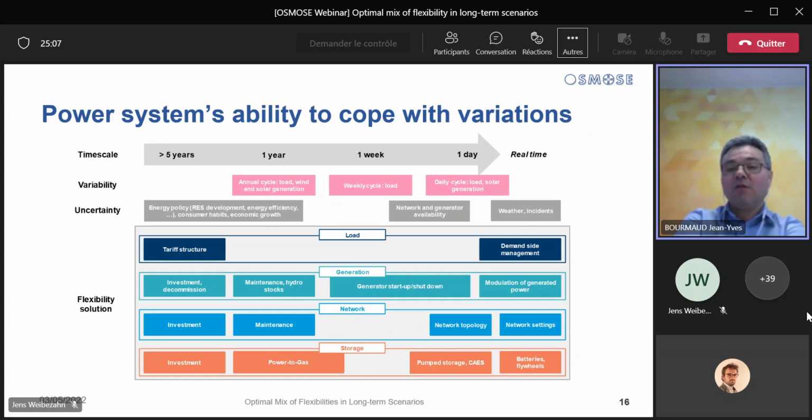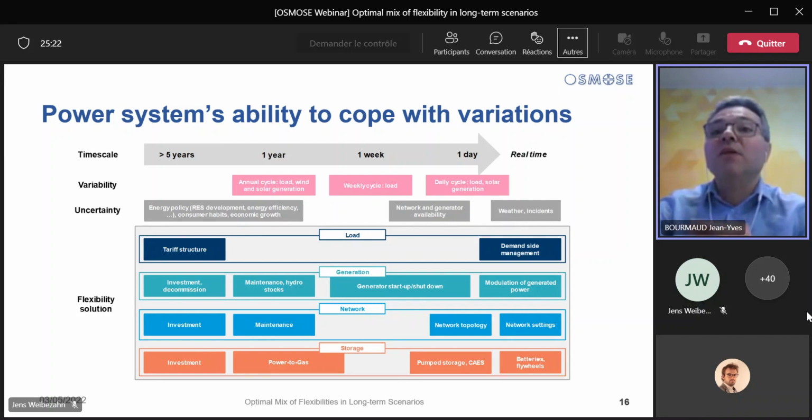Several years ahead of real time, we can choose to invest or decommission flexibility solutions, whereas on shorter timescales, we can only activate existing infrastructure. This will be the key question. So next slide, please.